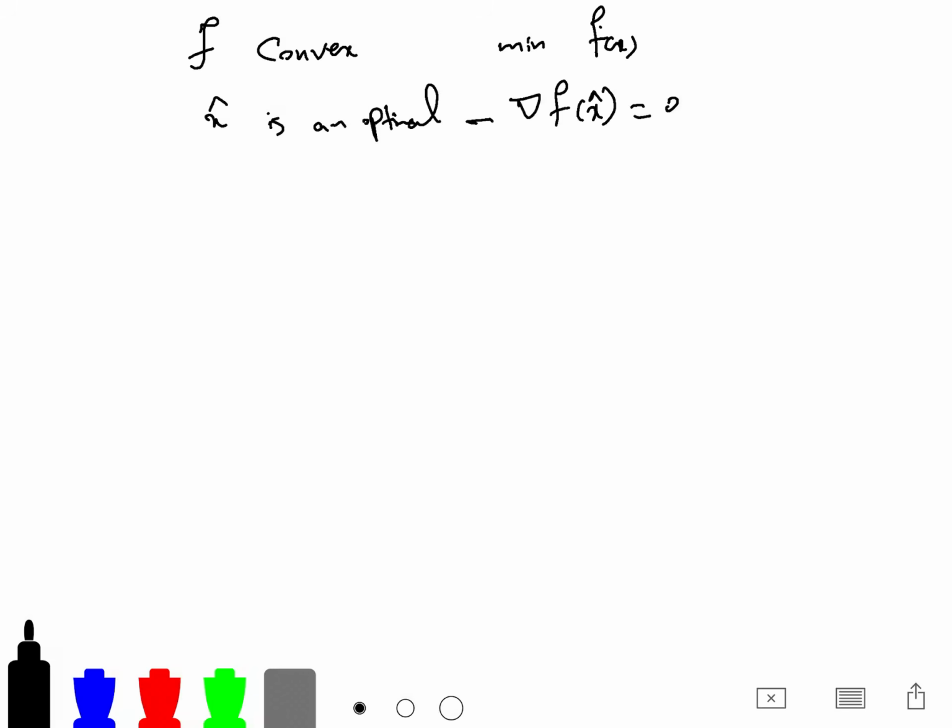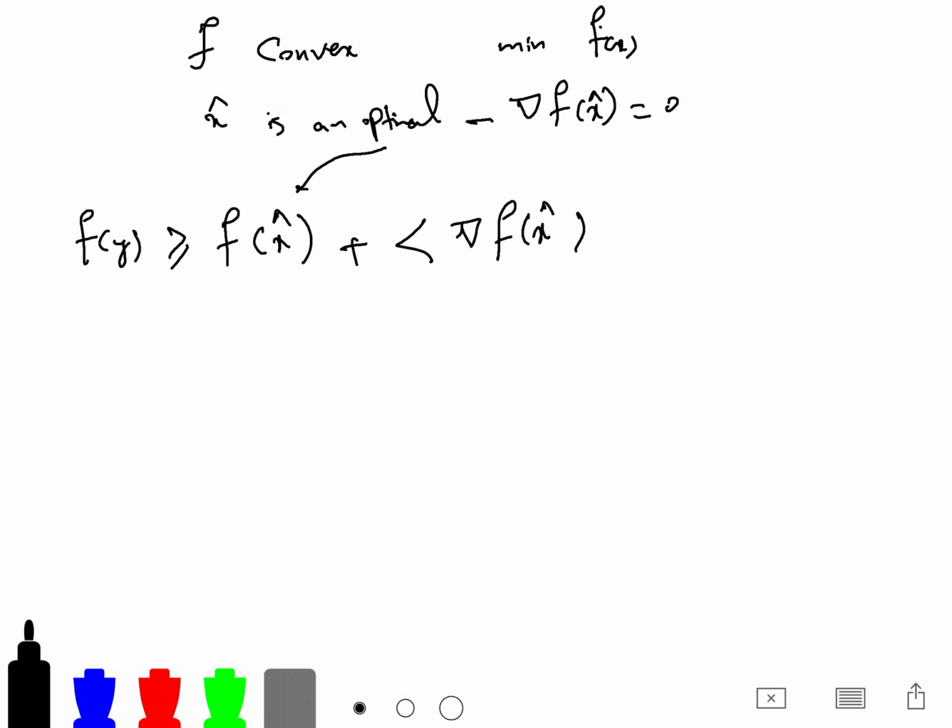Let's look at the definition of a convex function. f is convex if f of y is greater than or equal to f of x hat, which is your optimal solution, plus the inner product of the gradient of f at x hat and y minus x.